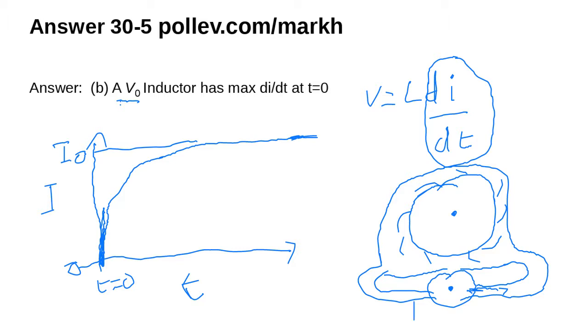So if we had some pressure meter here, which is analogous to the voltage, some pressure meter over the inductor, then the answer here is A. So that's just part B. It's answer A, it's V0.